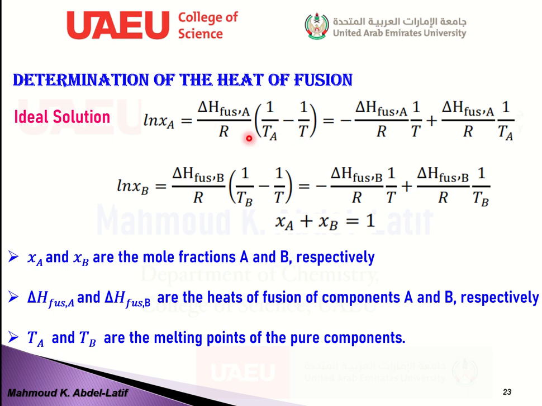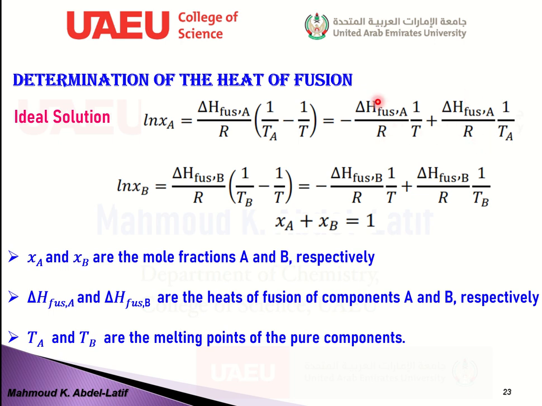Rearrange this equation, and you end up with ln xA equal to a constant minus the heat of fusion term, where T is the melting temperature of pure A. If you plot the relationship between ln xA and 1 over T, 1 over the Kelvin temperature, you have a linear relationship with a negative slope, which is given by delta H of fusion divided by R, where R is the ideal gas constant, and this will be the intercept.